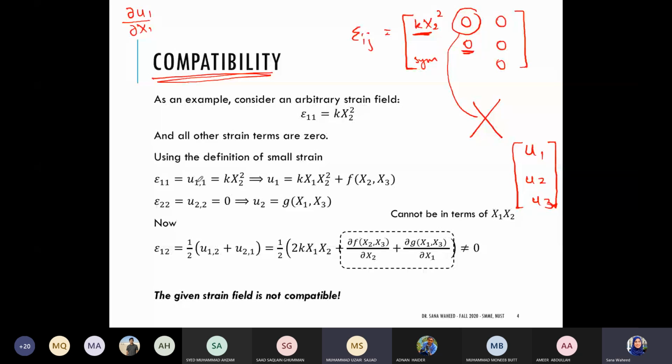Yes, ma'am. So this is equal to now what? Kx2 squared.